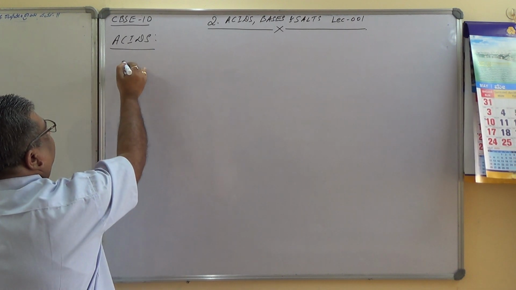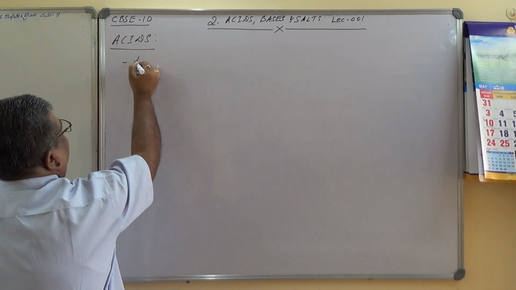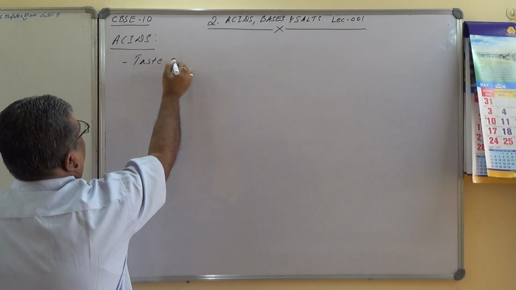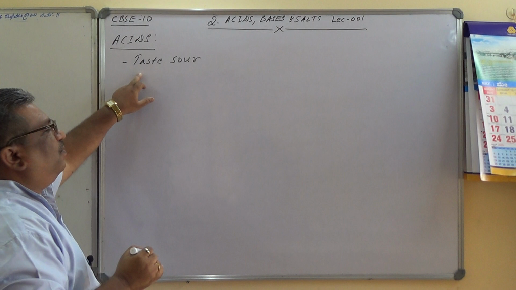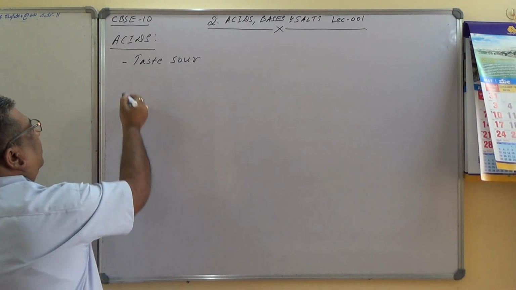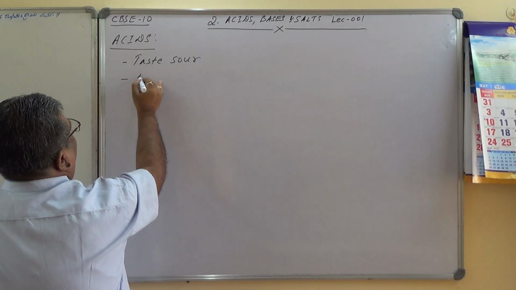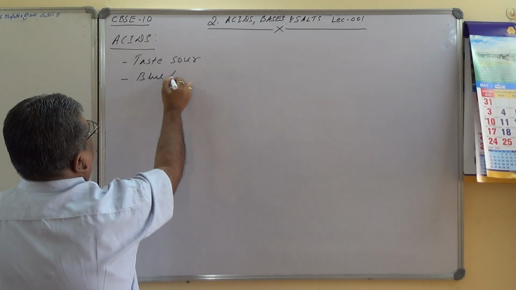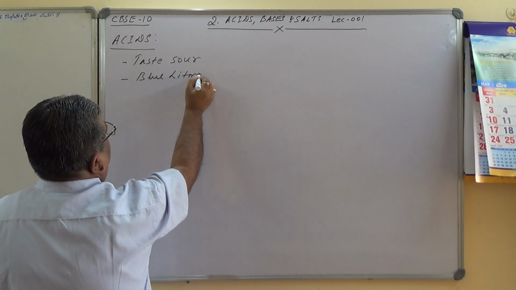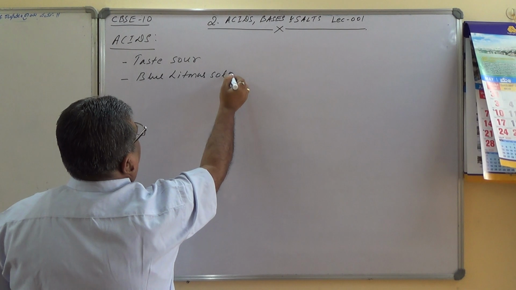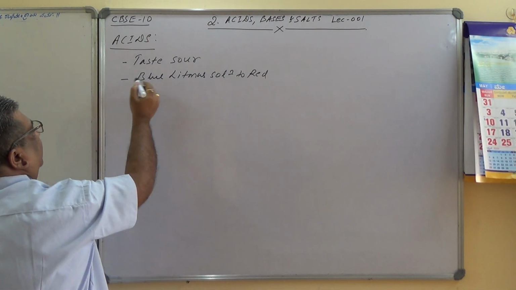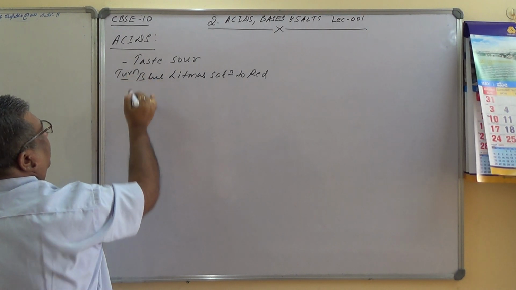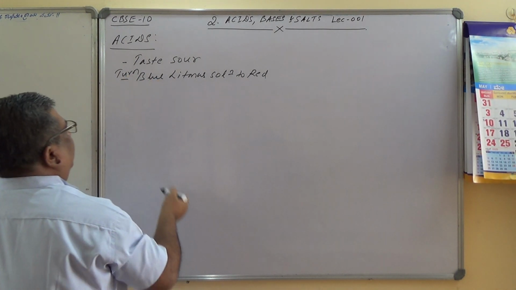Acids are those substances which taste sour, and they turn blue litmus solution to red.